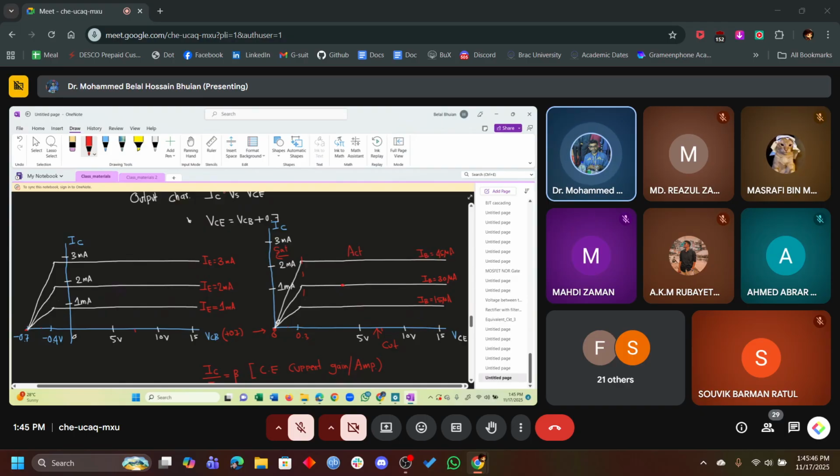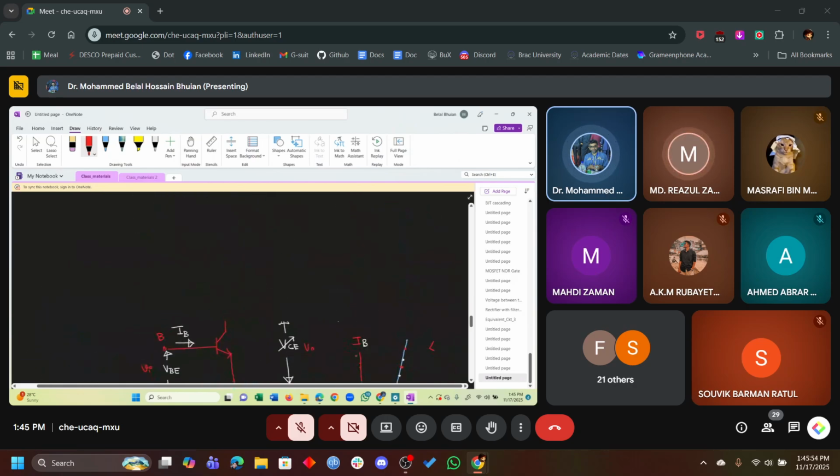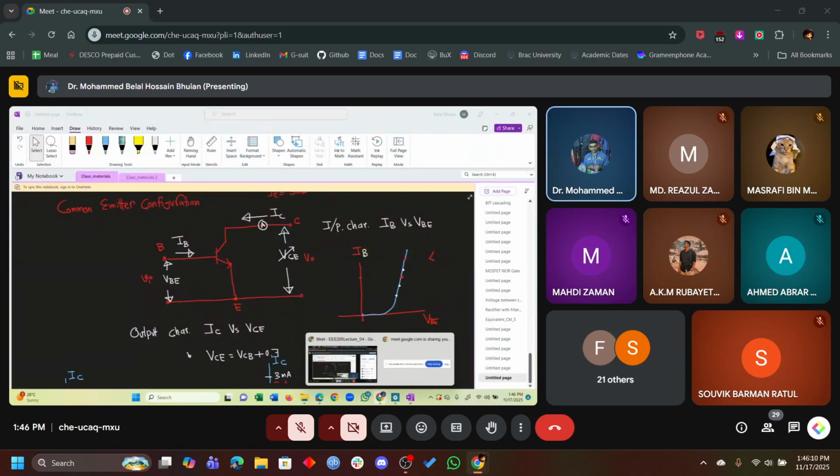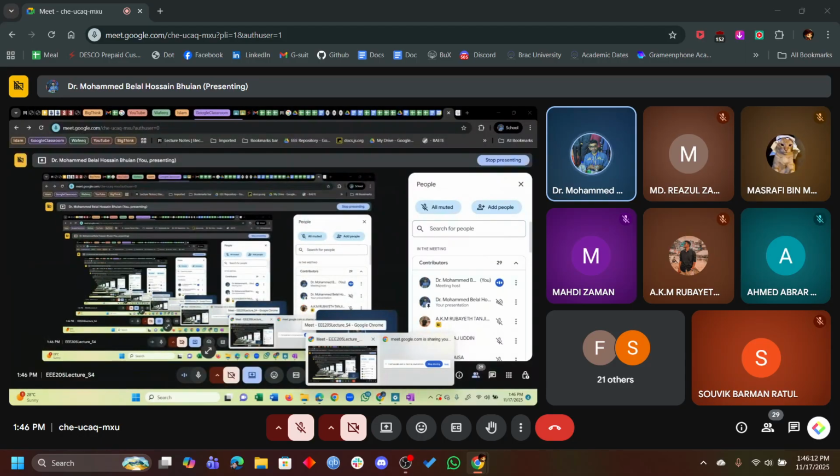So the IV characteristics show everything. I drew the configuration as if it is an amplifier, but the characteristics we obtained are general. Okay? Does anyone have any other questions?